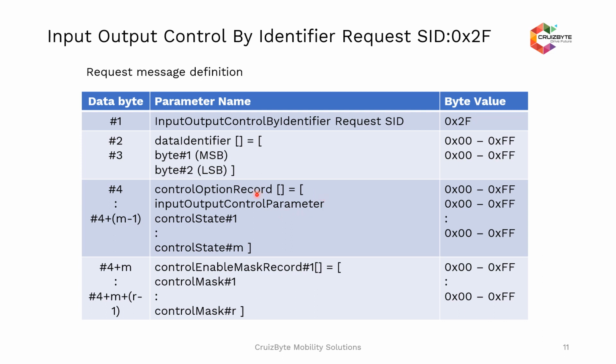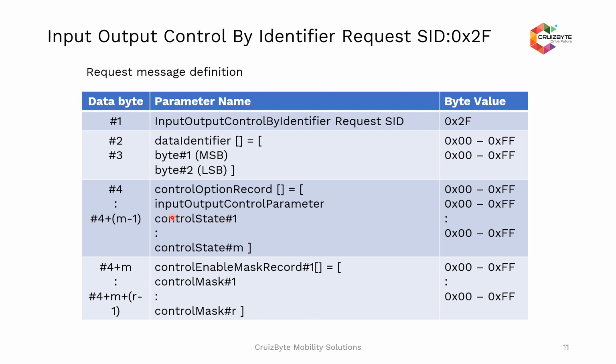Along with that, we must understand one thing. Only for the short-term adjustment, we need to send the values for each position of the signals and its value through this control state 1 to M, or 1 to 10 in our case for the 00 identifier.